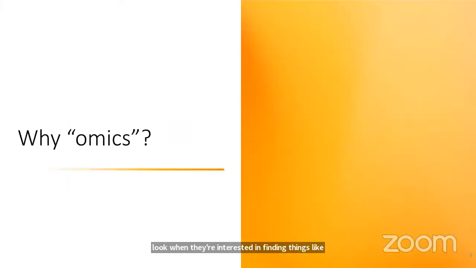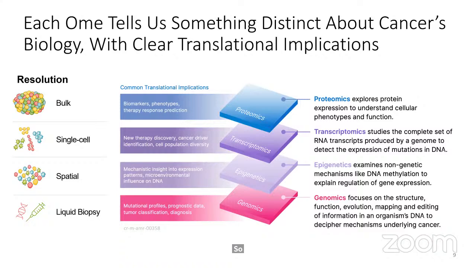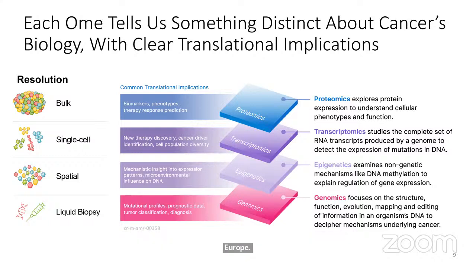So the question comes, why do we need to study omics? If we take cancer research as an example of omics or multiomics, each ome tells us a distinct story about cancer biology.